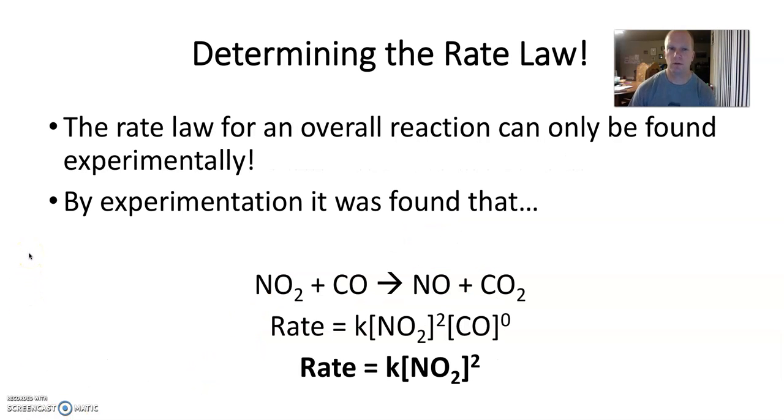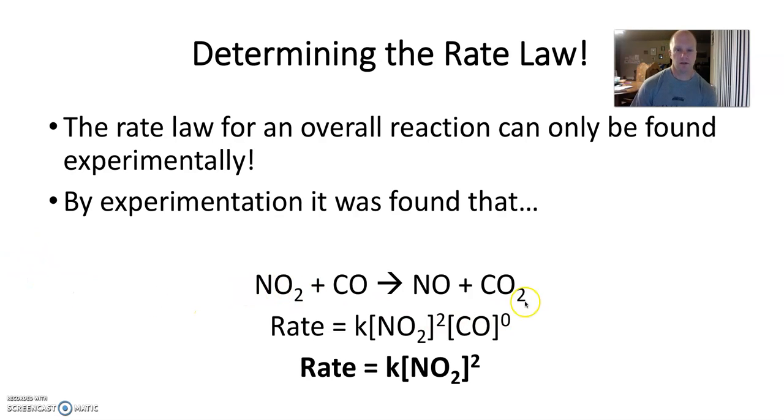Now, how do we determine the rate law? It's really important to understand that to determine the rate law for a reaction, we have to do that experimentally. Those are the things where we've been looking at data you produced experimentally and saying, oh, when we doubled A, we doubled the rate of the reaction, so it must be first order, and so on. We can only do that by experimentation.